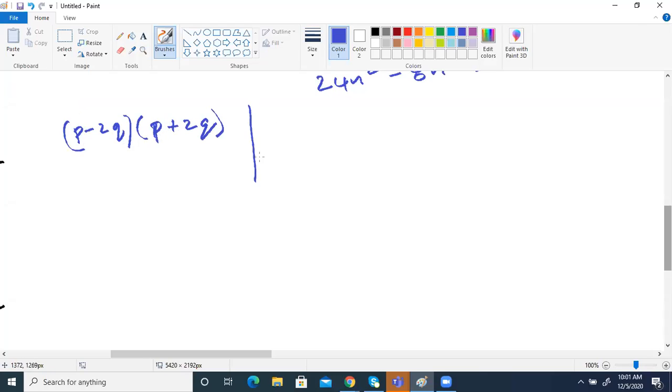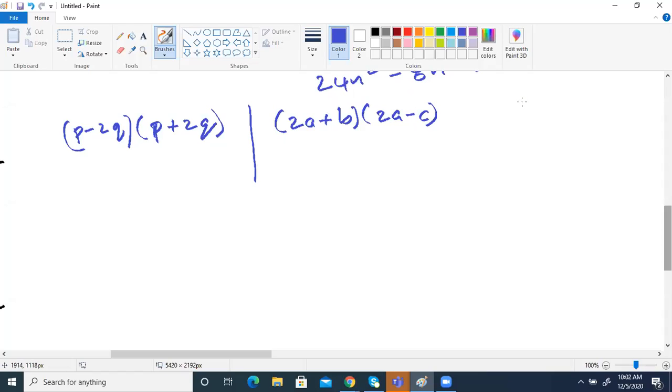That's one type. Then we go to another one: 2a plus b times minus c.